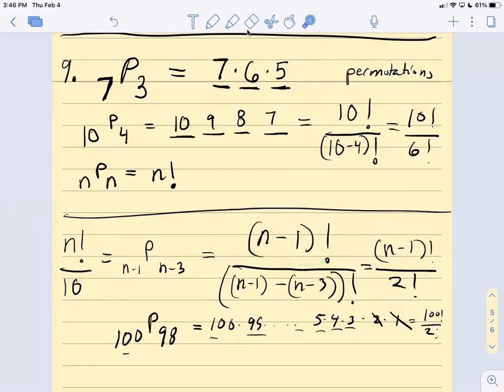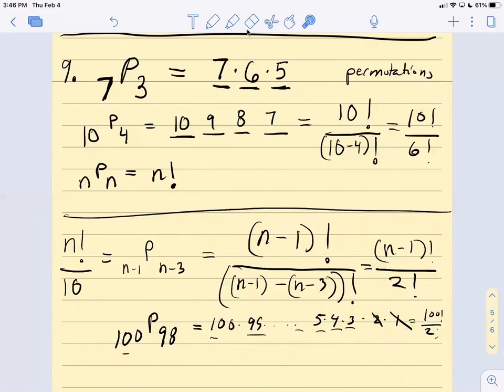You're just stopping 2 short, because this is 2 less than n minus 1. Oh, okay. It's exactly like 100 P 98. It just means you're going to do 98 spots here, and there's 2 spots that you're not counting, and that's why it's dividing by 2 factorial.